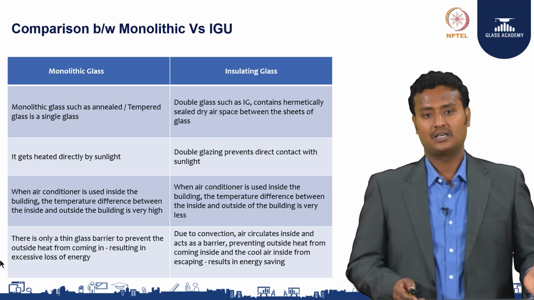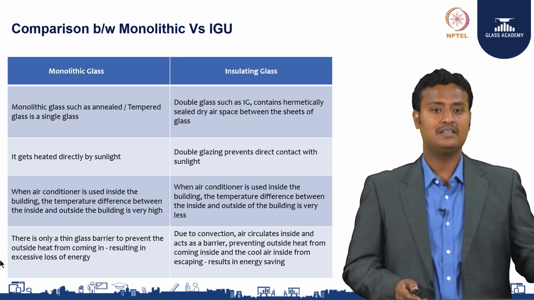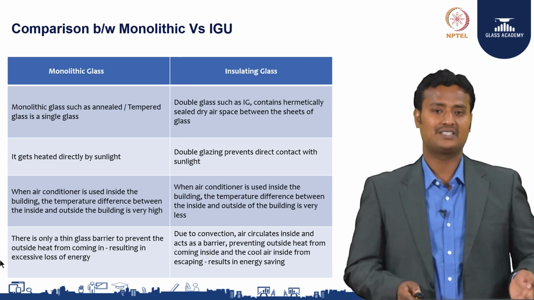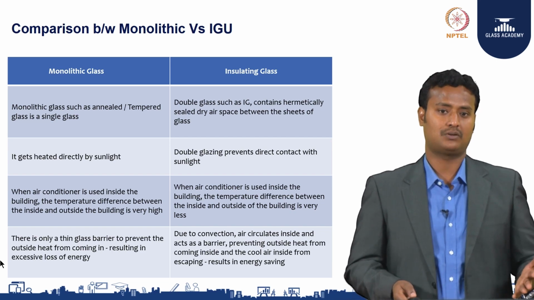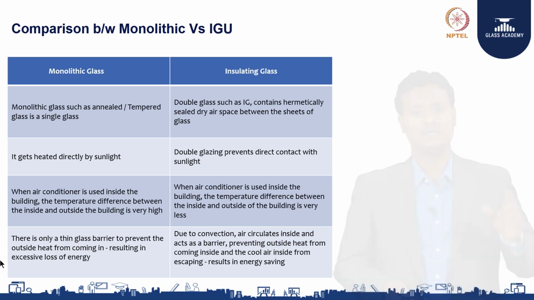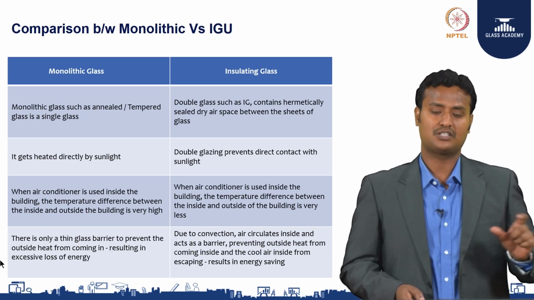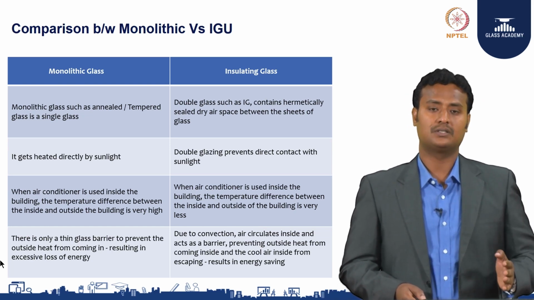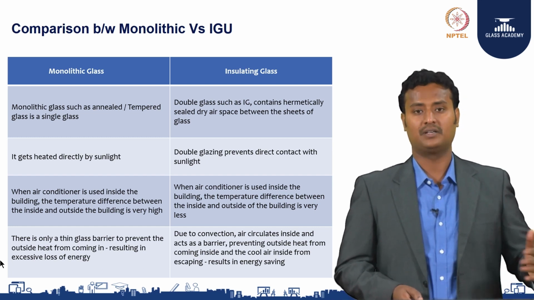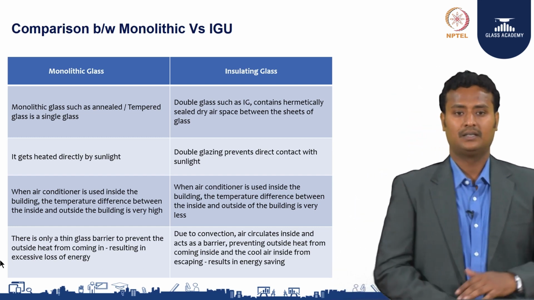If it is monolithic glass, it gets heated directly by the sun, because you have a single layer and you do not have any protection at all. Whereas double glazing prevents direct contact with the sunlight, because you have a space. That will reduce the considerable heat gain inside the building.